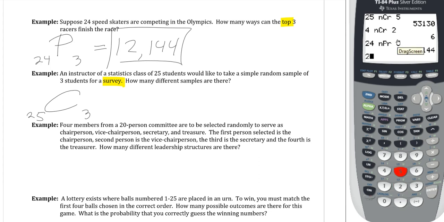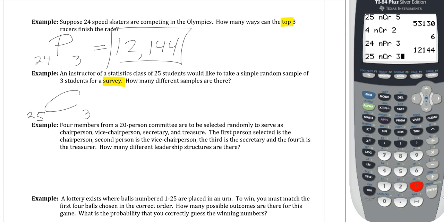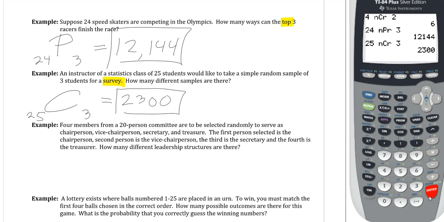So this is going to be 25, math, probability, NCR of 3. Enter. We get an answer of 2,300. I'm going a little faster with these because I'm hoping that you had paused the video and tried these on your own first. And because they don't take too much time themselves.